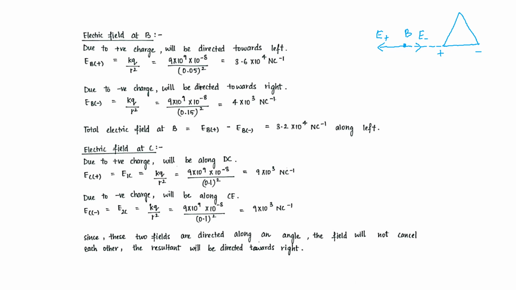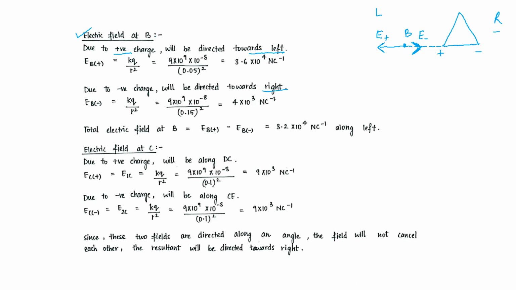Okay, see what is written over here: electric field at B. Due to the positive charge, it will be directed towards the left. Okay, so this is our right, this is our left, and due to the positive charge it is directed towards the left, and due to the negative charge it is directed towards the right.